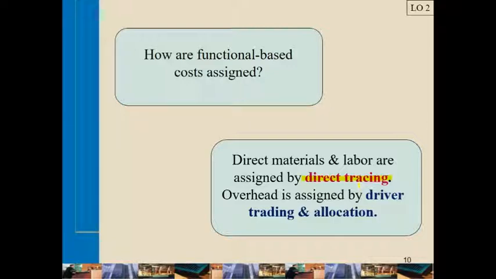So, we have direct tracing, or matrace na nimo kung sa unsa nga product ang iyahang gi-applyan, di ba? While your overhead is assigned by driver tracing and allocation nga method. So, mao na siya ang sa imuhang functional base.